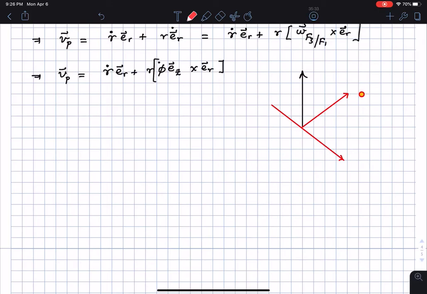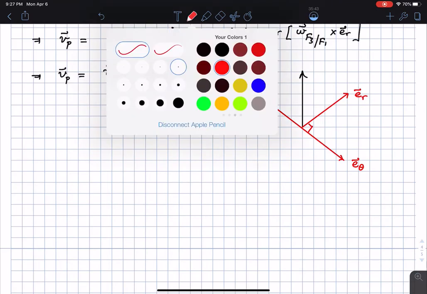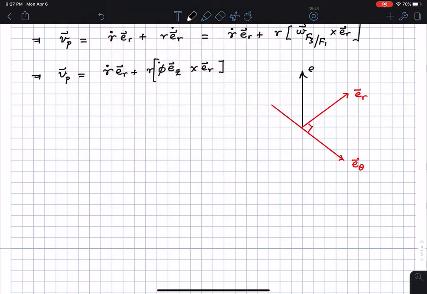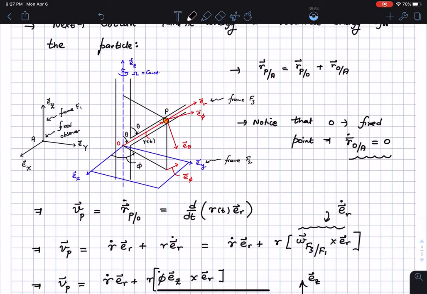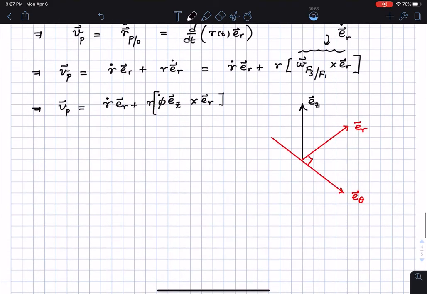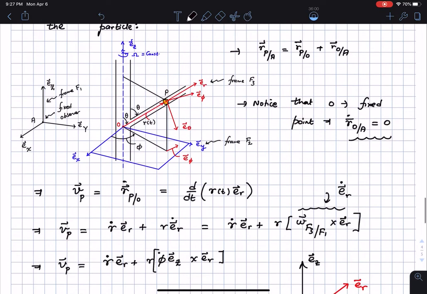This is E theta, and this is a 90-degree angle right there, and this is going to be EZ right here, and this angle here is going to be theta. As you can see from the figure, the angle made by ER with respect to EZ is theta. I want to show that in the figure as well.